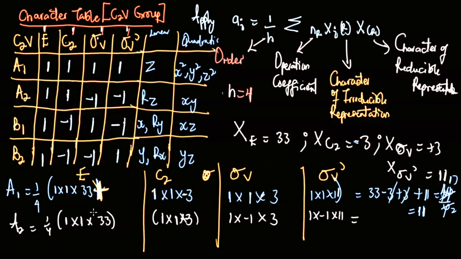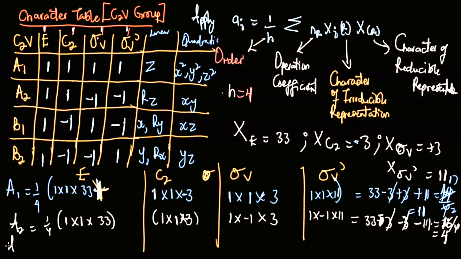So this one becomes 33, minus 3, minus 3, minus 11. So everything here should give 16 over 4. So we have this one to be 4. This one was minus 3. Remember, we take note of that, so here is minus 3.